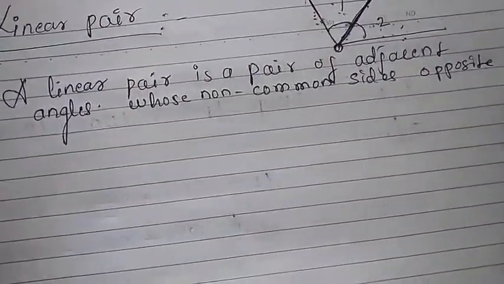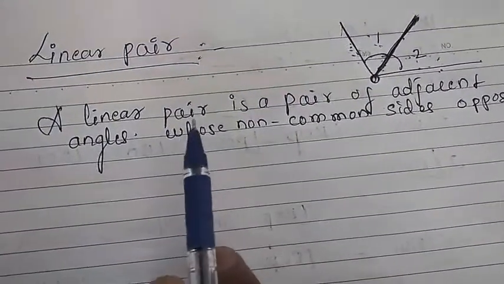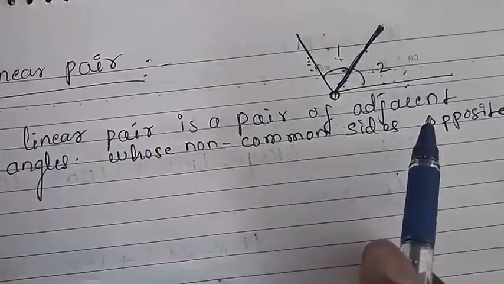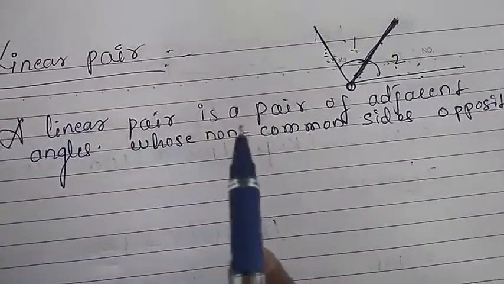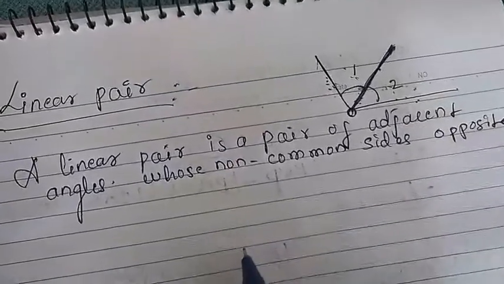Non-common sides are opposite. See what they have given here. A linear pair is a pair of adjacent angles whose non-common sides, see, I will draw that here.